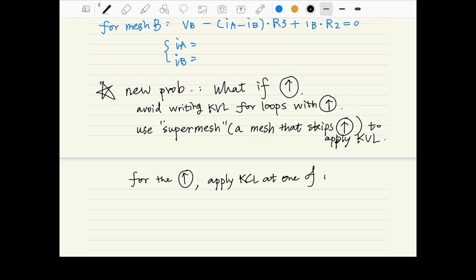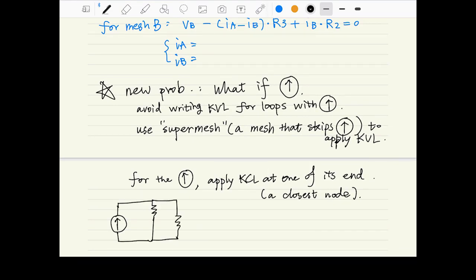My answer is, please don't write KVL for loops which have a current source. Use a super mesh, or we say a mesh that skips the current source, to apply KVL.